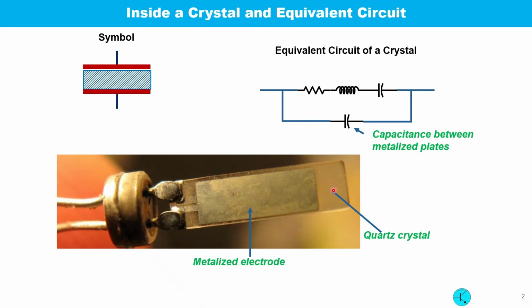The vibration will be very high at some certain frequency called resonant frequency. A crystal can be represented by a LCR tuned circuit with an additional capacitance which represents the capacitance between the metallized plate.